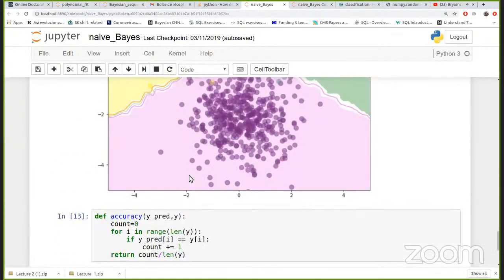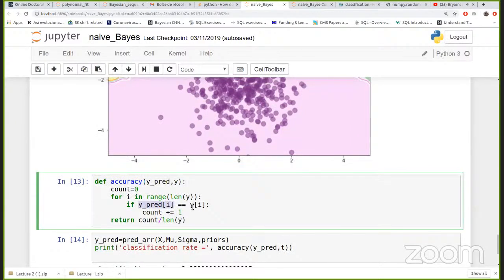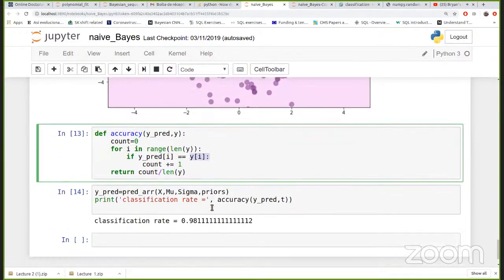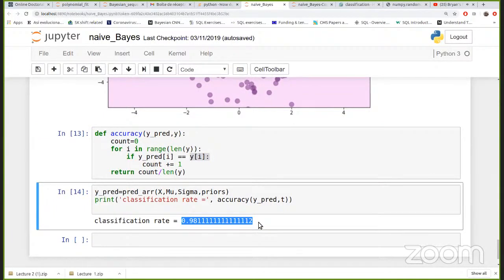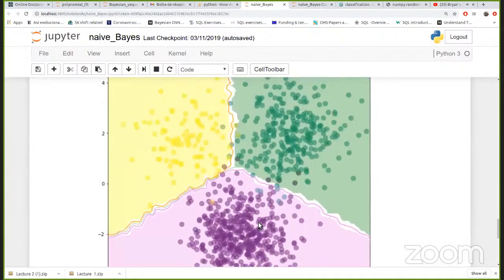Then I just need to compute the global accuracy, where I compare my predictions to my actual observations. And in this particular example, I got a classification rate of 98%, which is acceptable, let's say. Of course, this data set is easy, in the sense that it is easily separable.